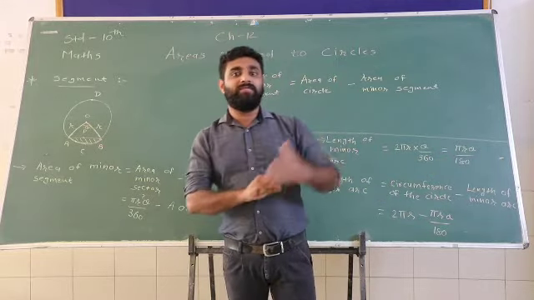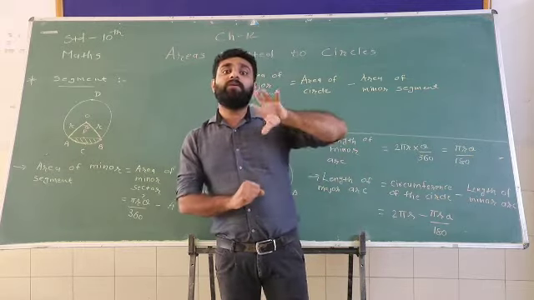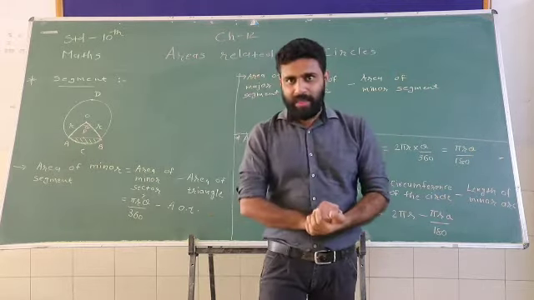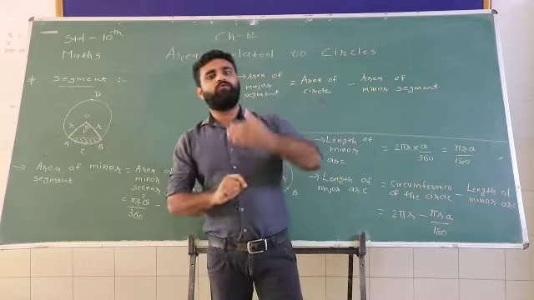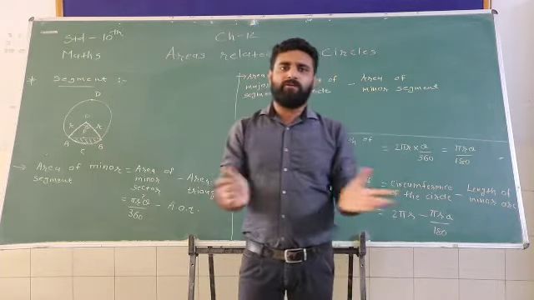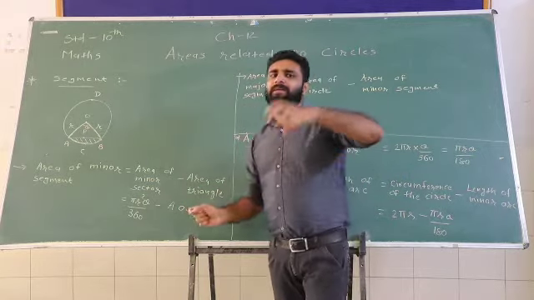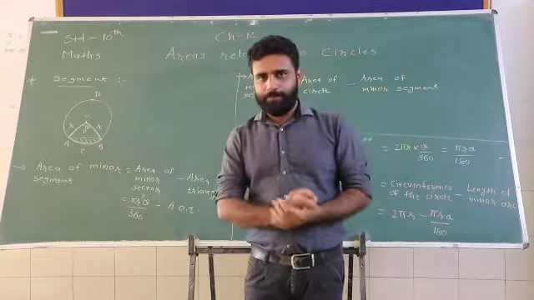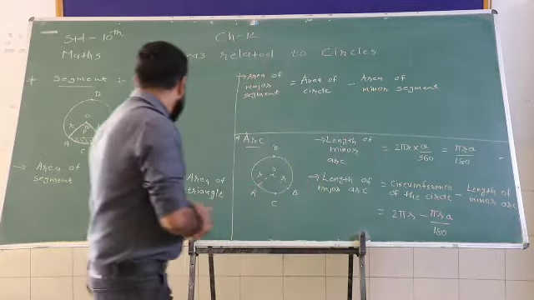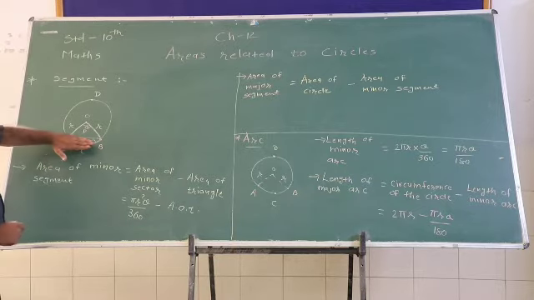If it is a right triangle, the same formula, 1/2 base into height. If it is an equilateral triangle with side length L, then root 3 by 4 L square. So you can find the area of the triangle in different ways, and that depends on the question only. That is the area of the minor segment.